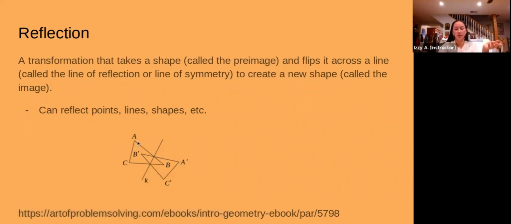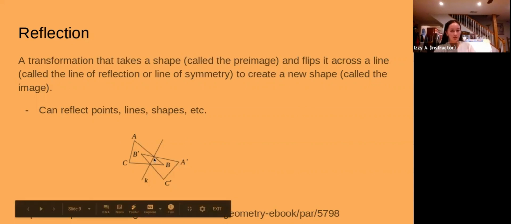That was the goal of the question, to make sure you could see that the original point or shape or line will always map back to itself, even if it's been flipped across a line.